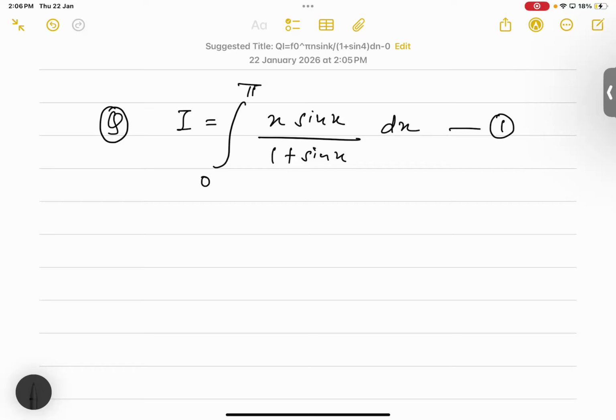You have to rationalize there. It's your choice. This is equation number 2. Add 1 and 2. Over there, you are getting the steps.